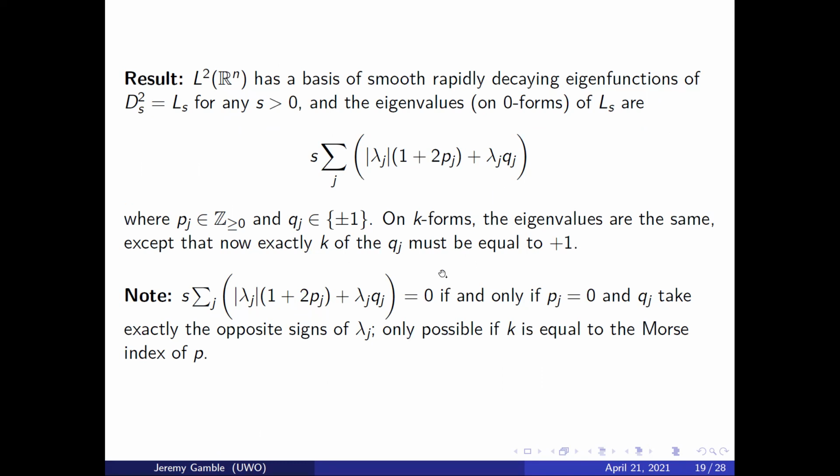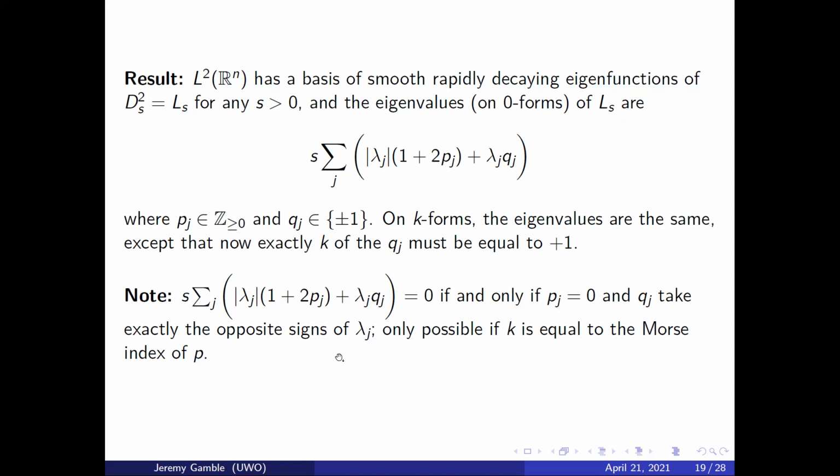So what this means is that this can be equal to 0 if and only if P sub j is equal to 0 and Q sub j take exactly the opposite signs of these lambda sub j's. And this is equivalent to saying that K is equal to the Morse index at the point P.